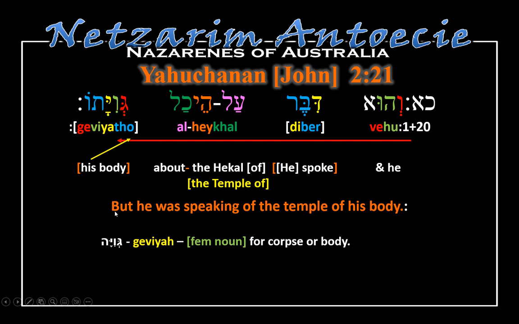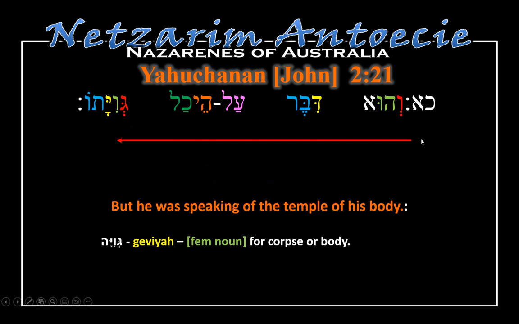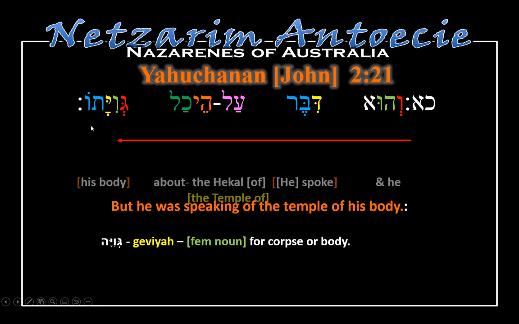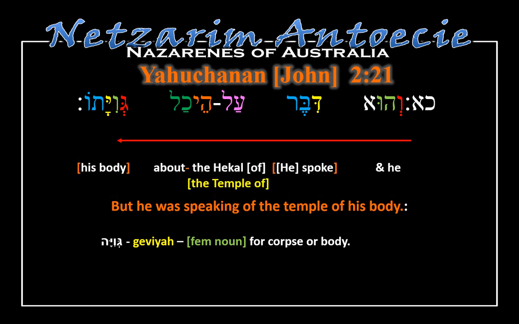And the translation, but he was speaking of the temple of his body. So now we can read that. Vehu, the bear, al hekal geviyato. And he spoke about the hekal, the temple of his body.